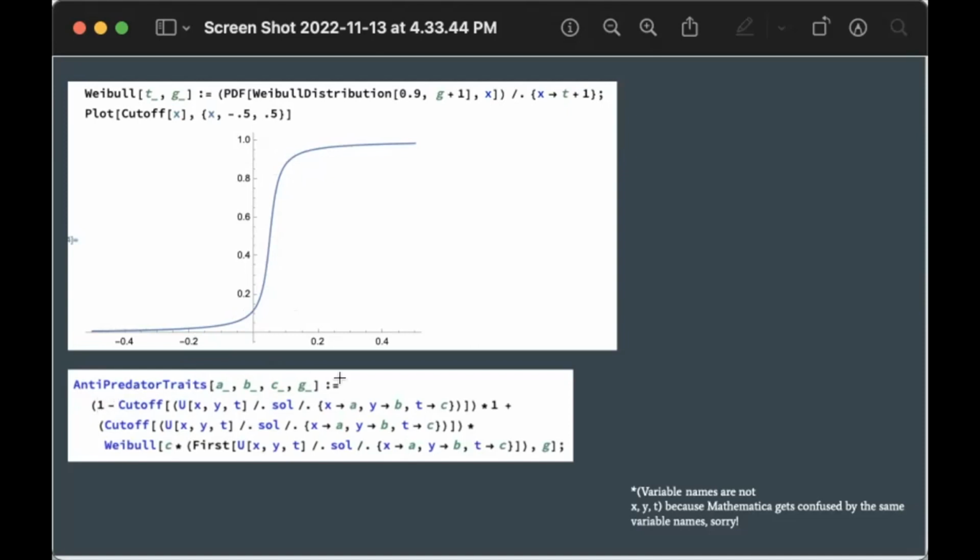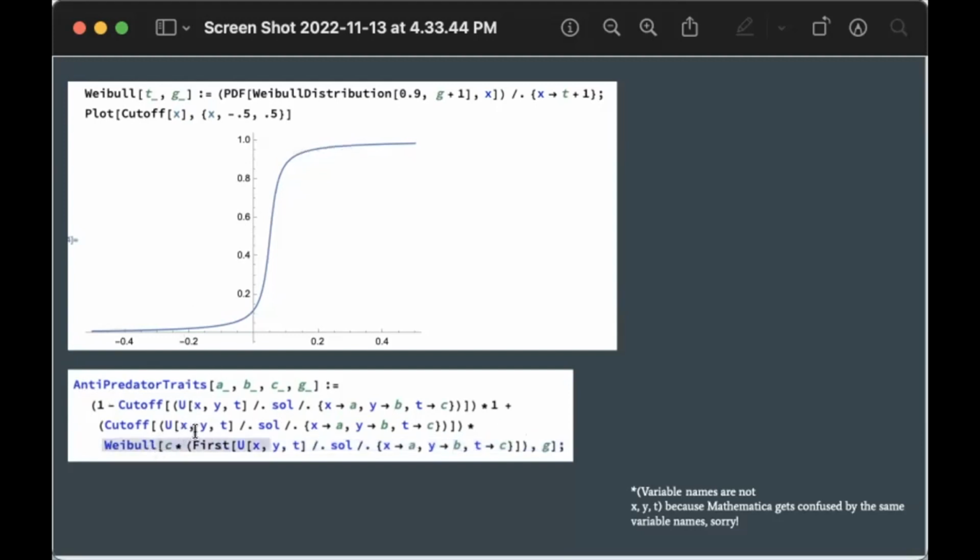And so here we assume that the anti-predator trait starts at 1, and the Weibull distribution is this big expression down here, and we parameterize it as the cutoff function's value goes from 0 to 1.